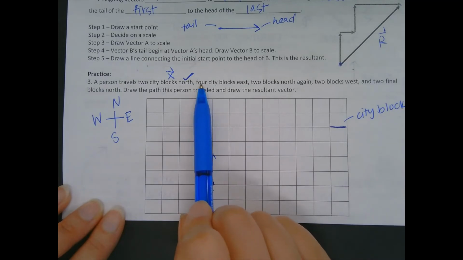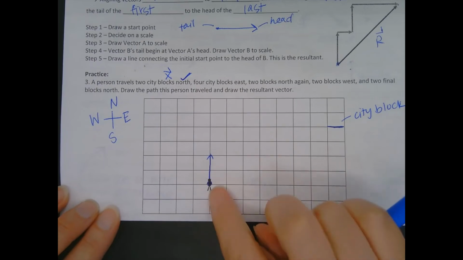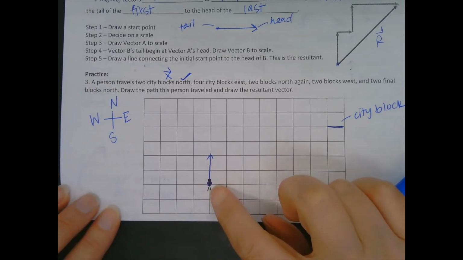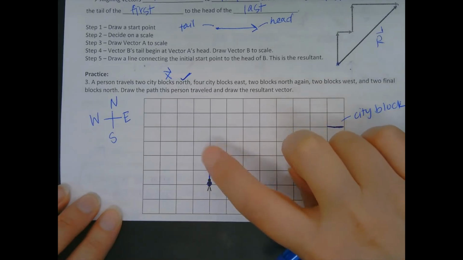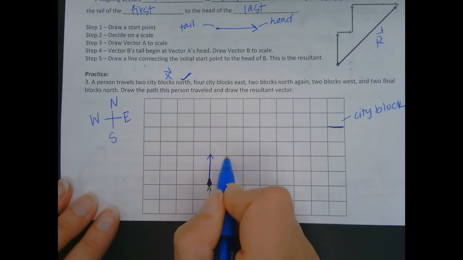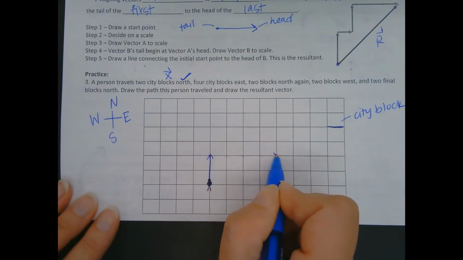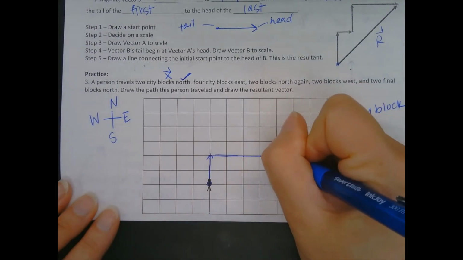Next, they traveled 4 city blocks east. So head to tail method: I don't start back where our friend was, I'm starting where they are right now. So where they are right now, I'm going to start here and travel 4 city blocks east. 1, 2, 3, 4. That is the second vector.